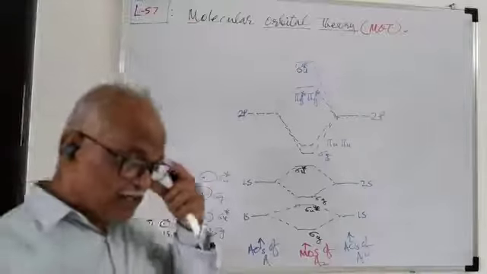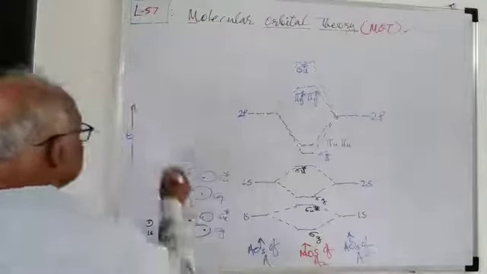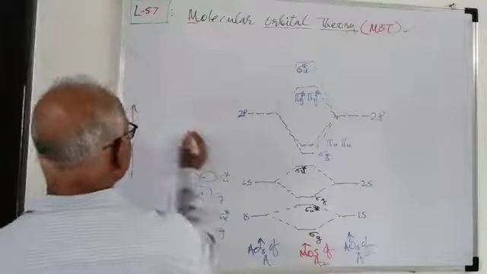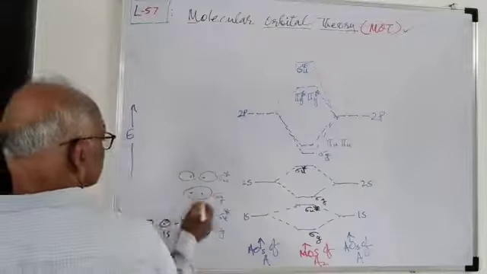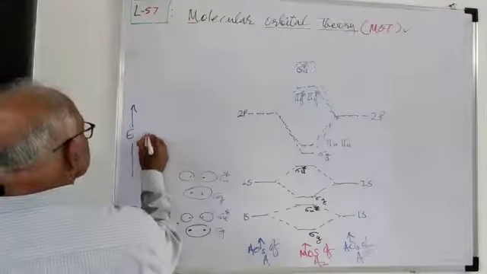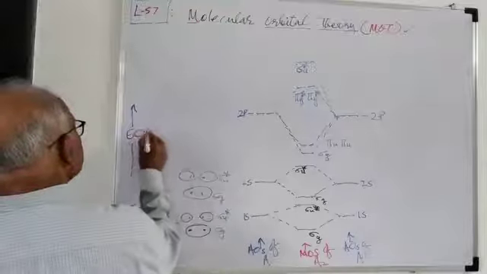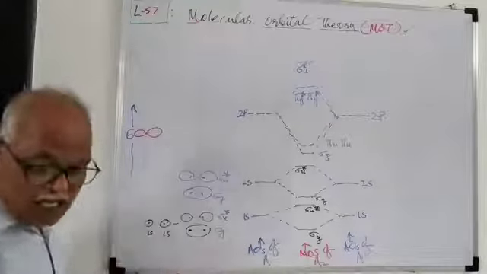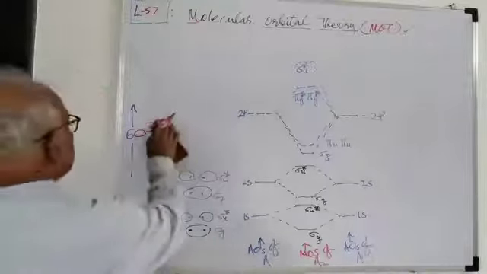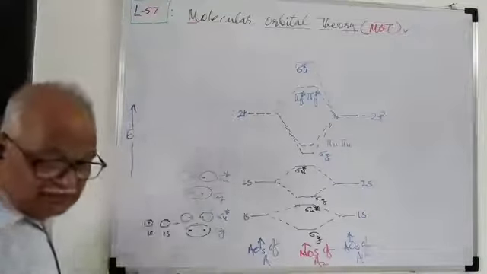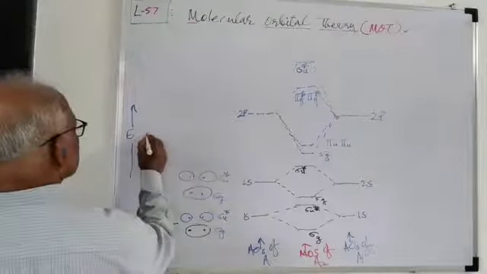Then we will have this sigma G obtained from the pz orbitals. So we are having pz like this, or we can represent these orbitals in a different way like this also.